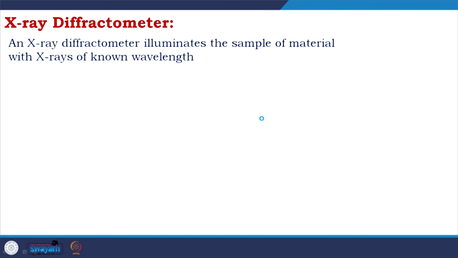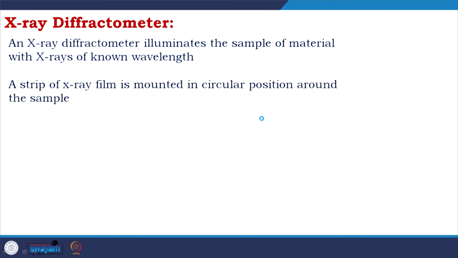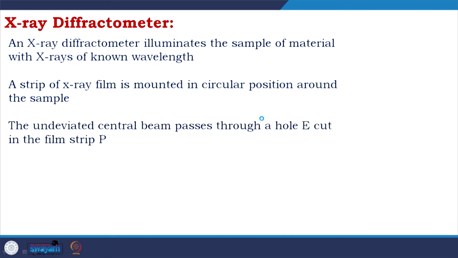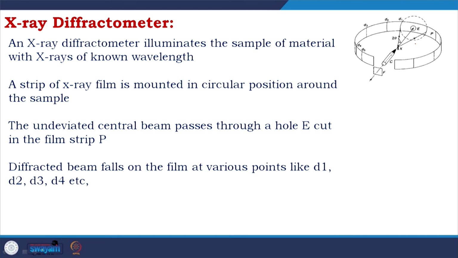An X-ray diffractometer illuminates the sample of material with X-rays of known wavelength. When you are sending the X-ray, you know the wavelength. A strip of X-ray film is mounted in a circular position around the sample. The undeviated central beam passes through a hole E cut in the film strip P. So, there is a hole and the beam goes straight.